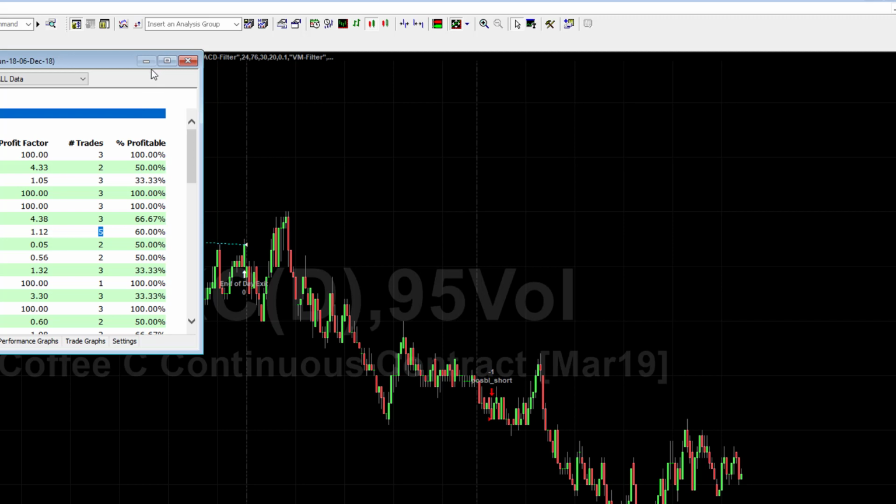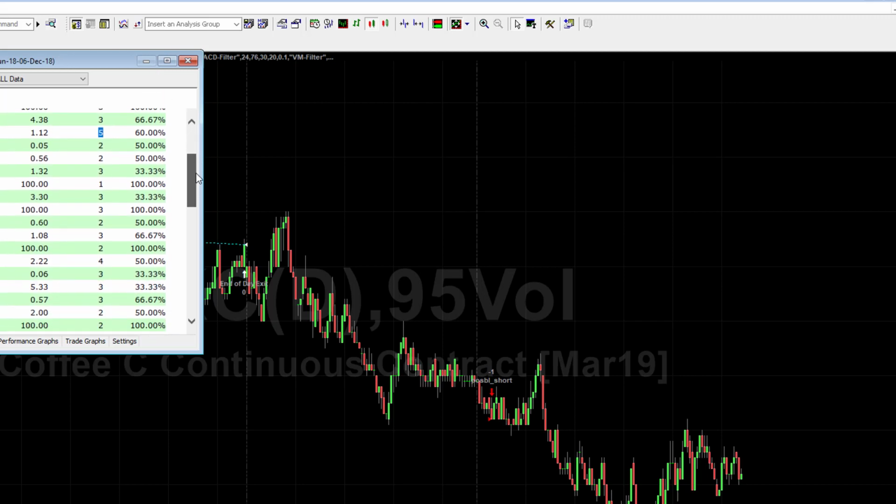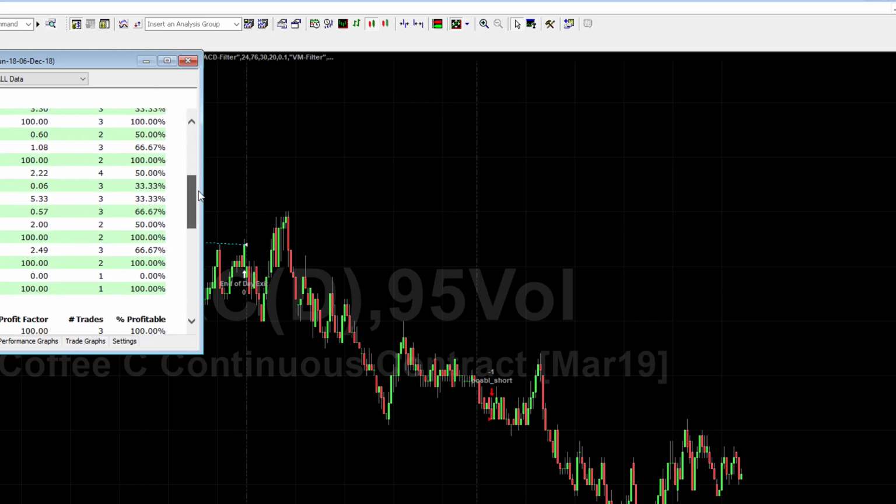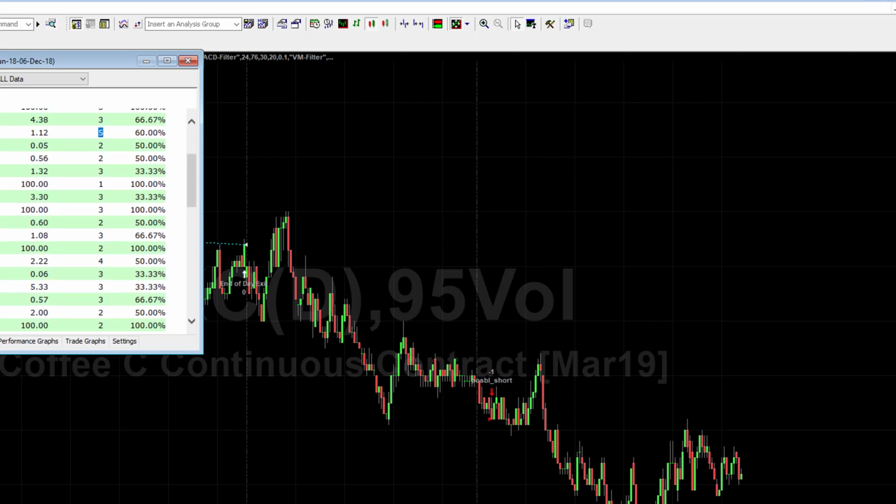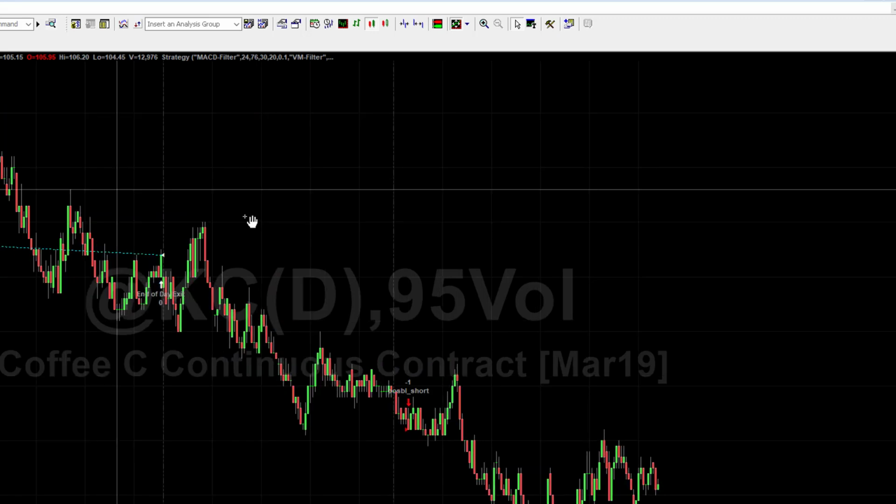So it's been very consistent over the last 4 or 5 weeks, and you can see there the losing weeks aren't too bad. We've had a couple of initial stop outs where prices move quickly and then just take us out almost at break even, but it seems to be picking up these trades very well.